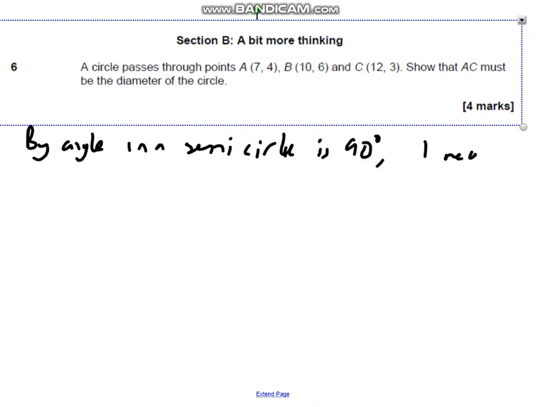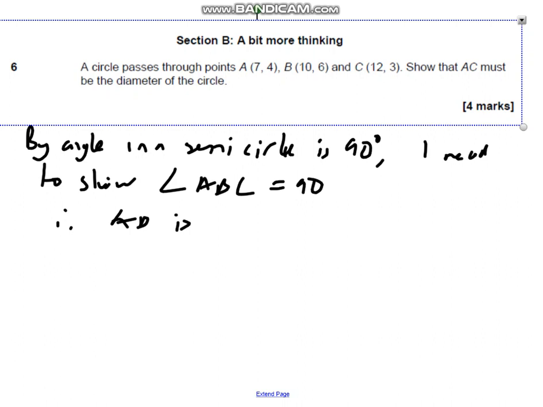I just need to show the angle ABC is 90, so therefore AB is perpendicular to BC. That should say BC. I don't want to, my tablet is playing up. So get your explanation in at the start.